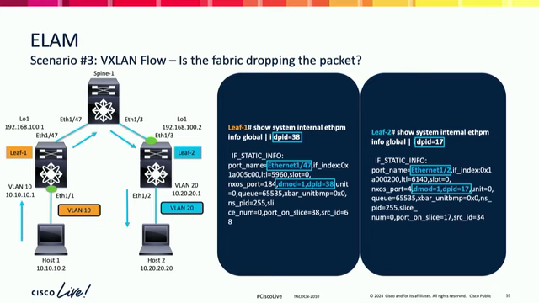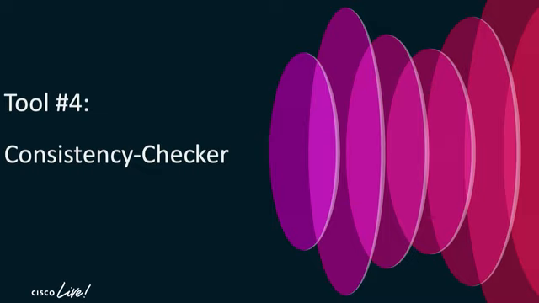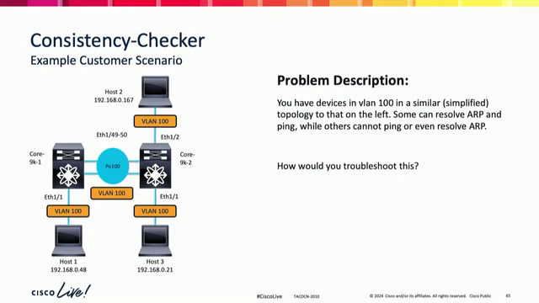Now, as we conclude with our ELAM session, we'll be continuing with Consistency Checker, our next tool. But I want to present you all with a little bit of a thought experiment as we do this. This is your network, let's say. You have 2 core Nexus 9Ks with a bunch of devices connected to them, all on VLAN 100.